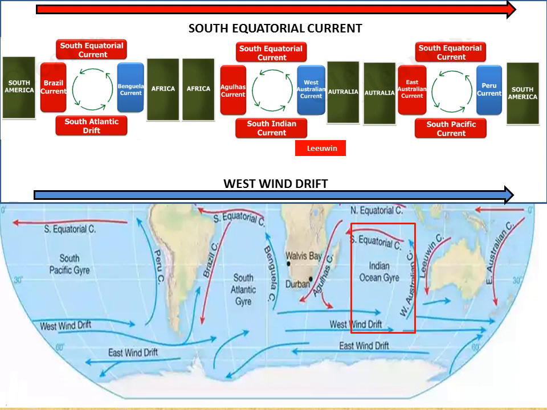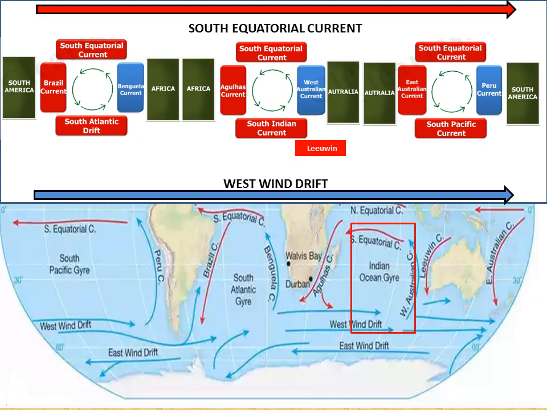So, it will ask you in detail about the currents being warm or cold, and also about the location of the current. So, try to remember locations also, which current flows between which two continents, and wherever you can, just try to remember the location and the important city also, besides a current.